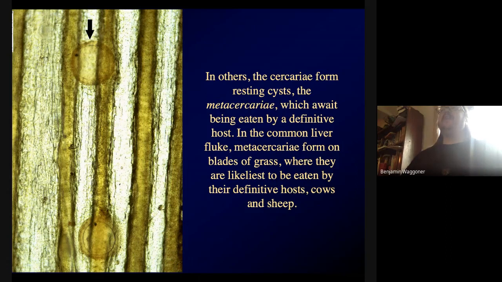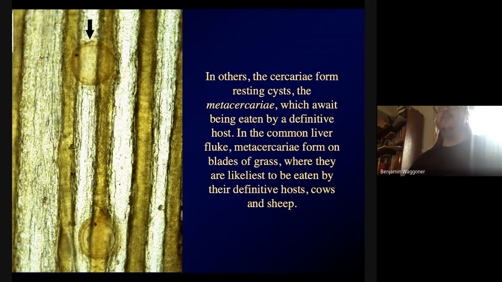Anyway, I guess these days they probably farm most of their watercress, but you can gather watercress wild. But people who gather watercress from streams that are just downstream from a sheep pasture have been known to get fasciola in their own bile ducts if they ingest cress that happens to have metacercaria on it.